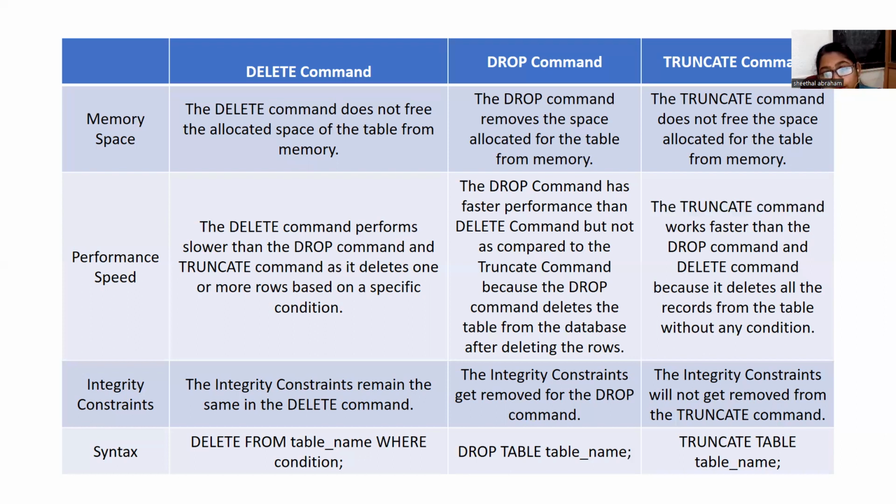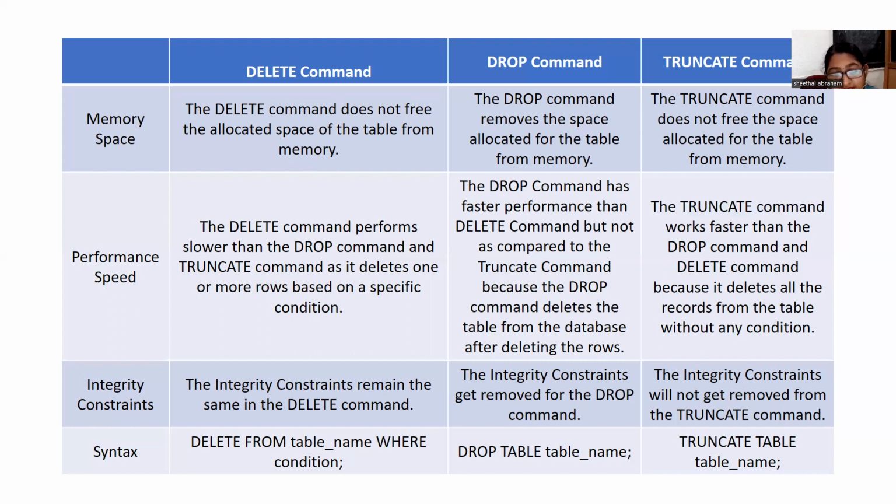The drop command has faster performance when compared to delete, but when compared to the truncate command, it is slow, because the drop command deletes the table from the database after deleting the rows. The truncate command works faster than both drop and delete because it deletes all the records from the table without any condition.